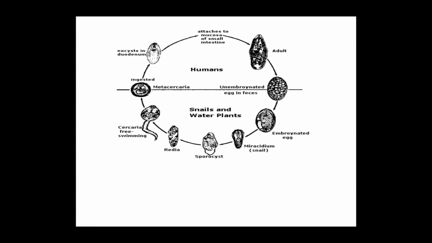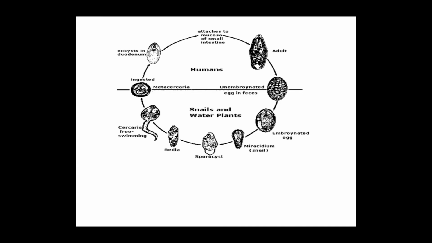Water plants can harbor the encysted metacercaria. Now, the human ingests aquatic vegetation which is contaminated with the metacercaria, so the infection will occur.